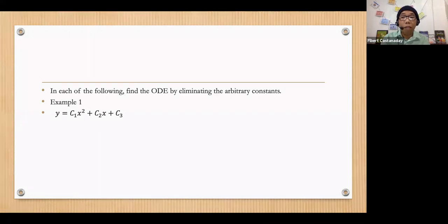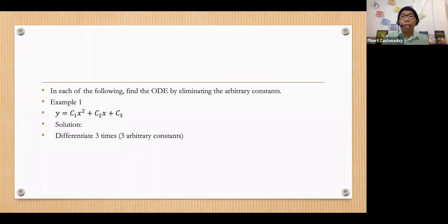For me to arrive at this DE, I must differentiate this one. The question is how many times? The number of times you differentiate this equation depends on the number of arbitrary constants. Since there are three arbitrary constants, I should differentiate this given equation 3 times. There are instances that, after differentiating, you can eliminate the arbitrary constants.